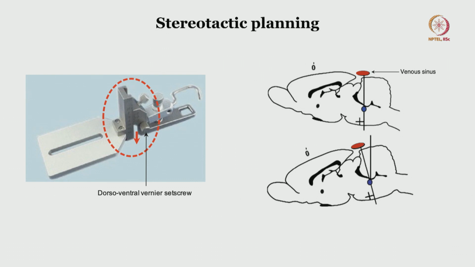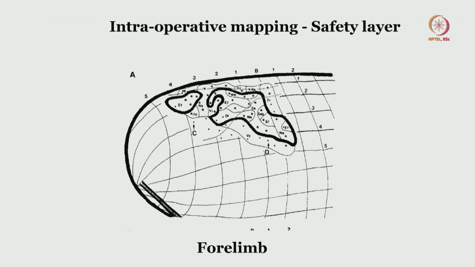Surgery, once you master the drilling technique, becomes simpler. All you have to do is a burr hole, puncture the dura and get your probe inside. But what is going to determine your entire experimental outcome is this aspect of stereotactic planning, which has to be thorough in terms of coordinates and trajectory and the target area.